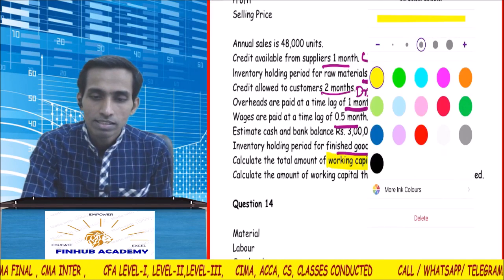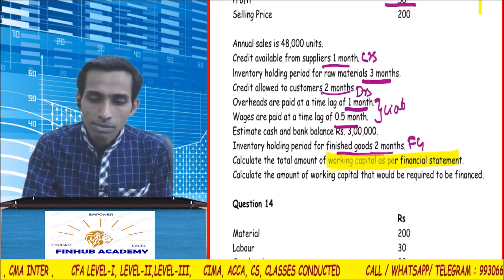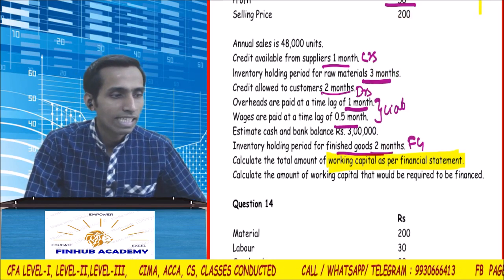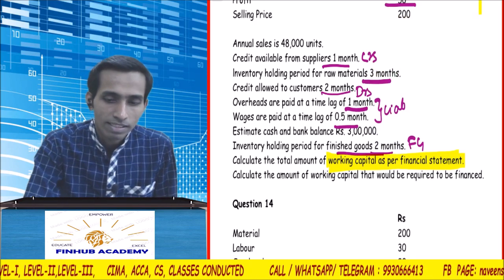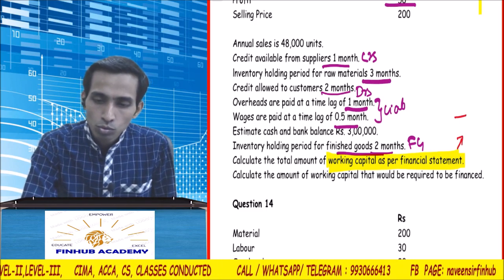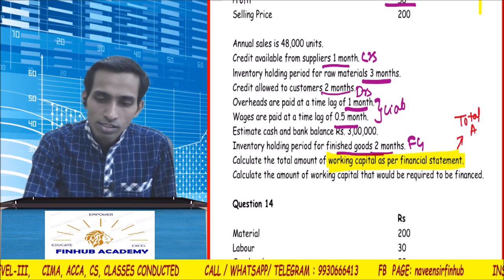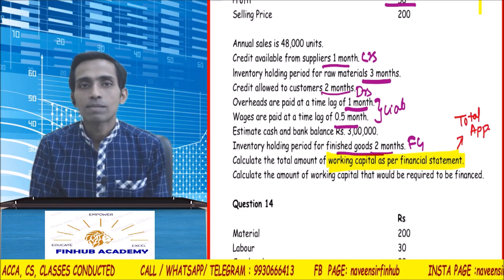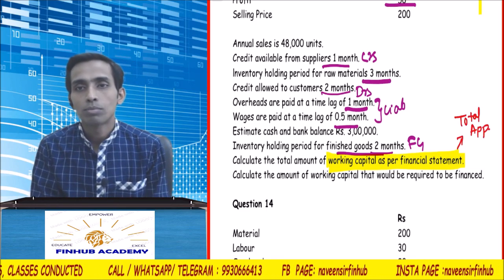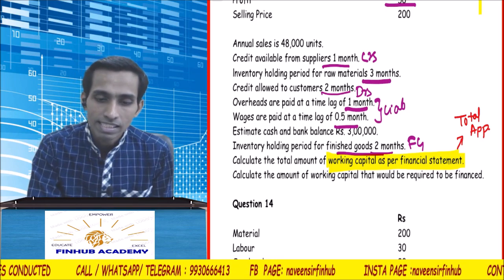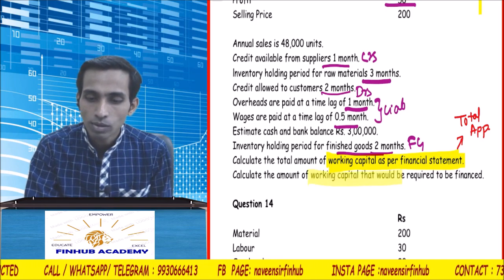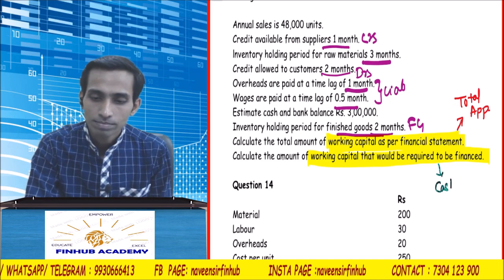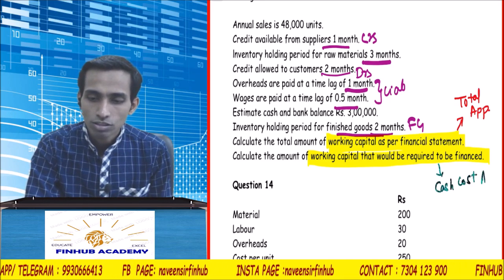Underline this. Whenever working capital as per financial statement comes, you have to use the total approach. And whenever the sentence is like this, working capital that would be required to be financed, it is the cash cost approach.